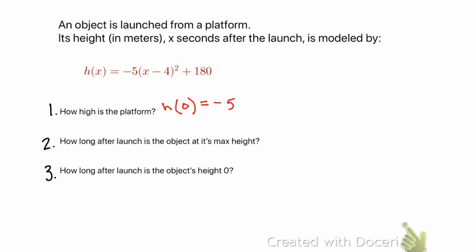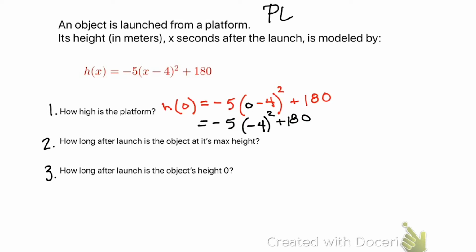So that means everywhere I see x, I'm going to put 0 and solve, and then we just simplify. So we've got -5 times -4 squared plus 180. Do not forget your order of operations: I have to do the exponents before I multiply.